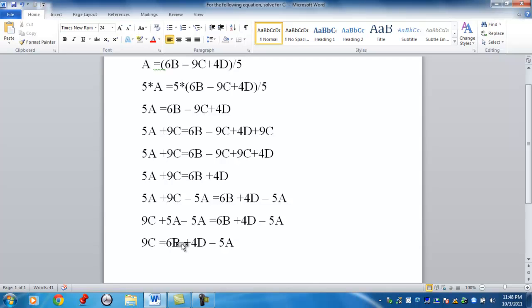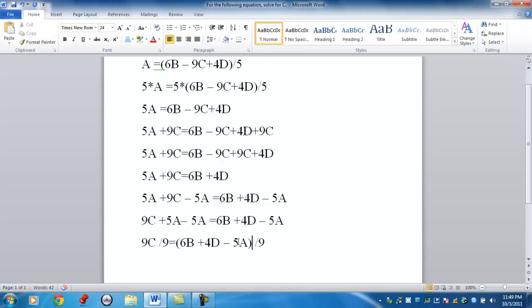So I'm going to divide both sides by 9. If I divide the left-hand side by 9, I have to divide the right side by 9. I have to divide every term by 9, so I'm dividing this whole quantity, because really what you're doing is dividing each term by 9 here.